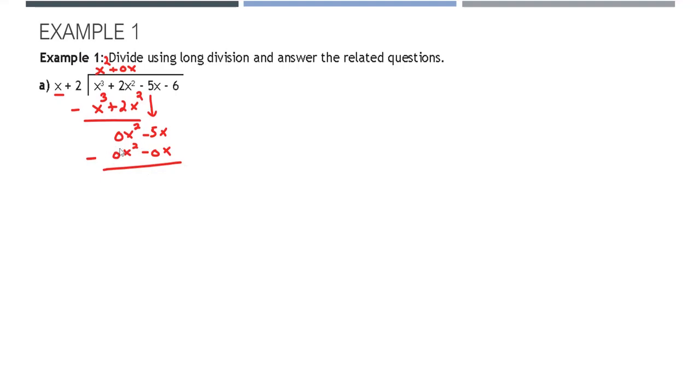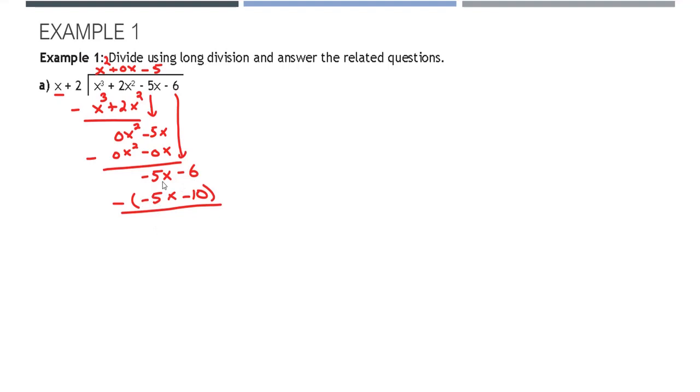Then we do a subtraction, so we get negative 5x, and we drag down our last term, so minus 6. So we have to ask ourselves, x times what gets me negative 5x? Well, minus 5. So negative 5 times x is negative 5x, and then negative 5 times 2 is negative 10. And we're going to subtract those. Be very careful with that. I'll put brackets even here to make it more explicit.